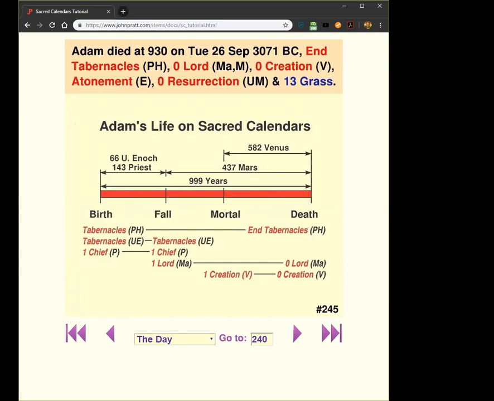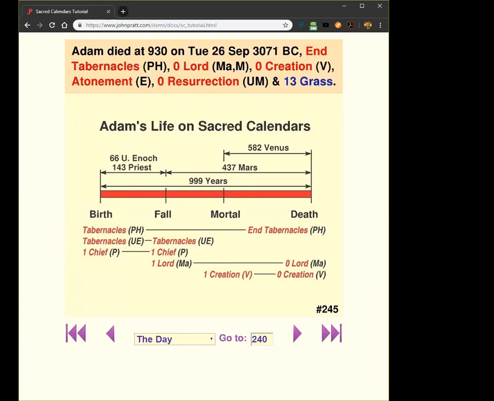And then on this day, the fall is on that same day, and then the day of his death is on that same day. Oh no, excuse me, just to the fall. From birth to death, then, is on the same day on the Mars cycle, both from one Lord to zero Lord. And then on the Venus, it's one creation from entering mortality to death.